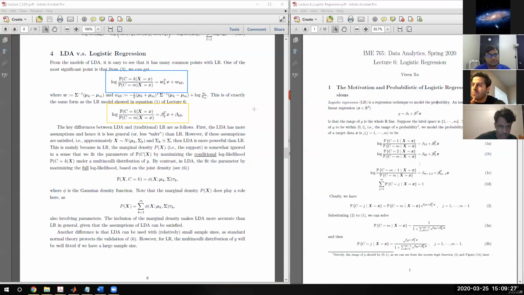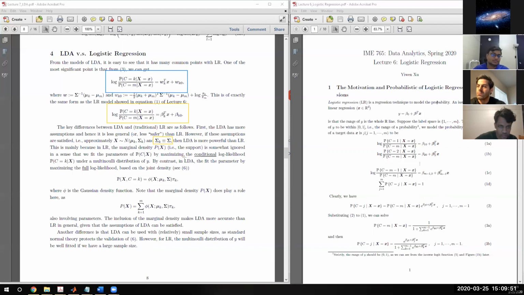For example, traditional LDA needs to assume that the probability distribution given the class information is normally distributed, and also that all covariance matrices with respect to different classes are equal to sigma.